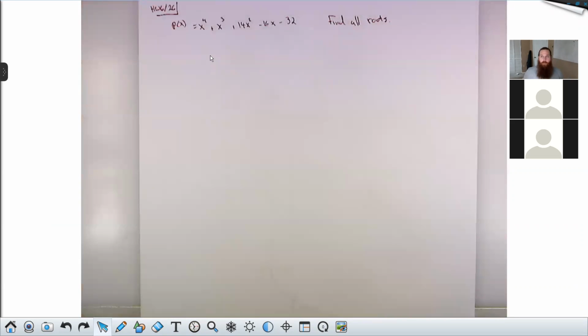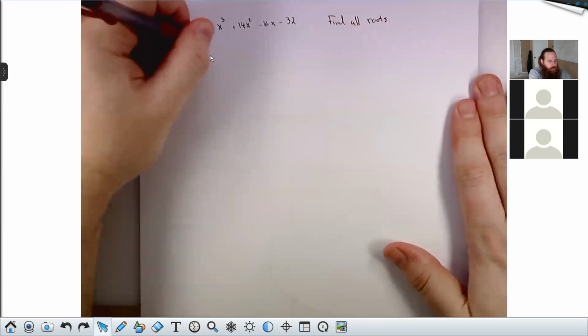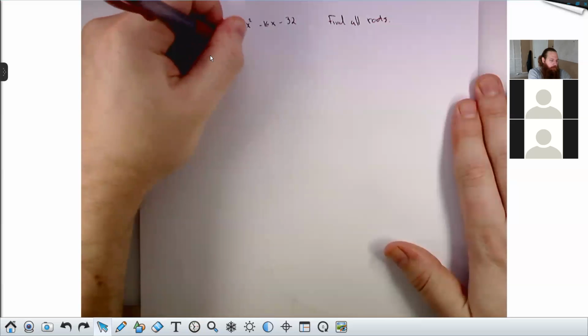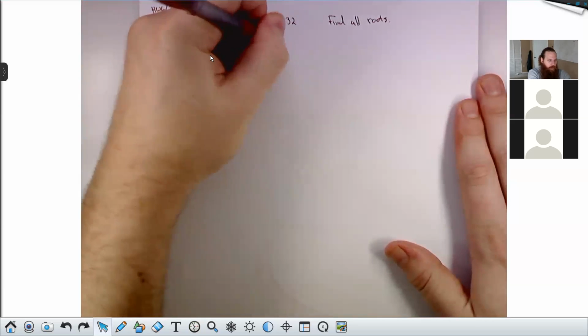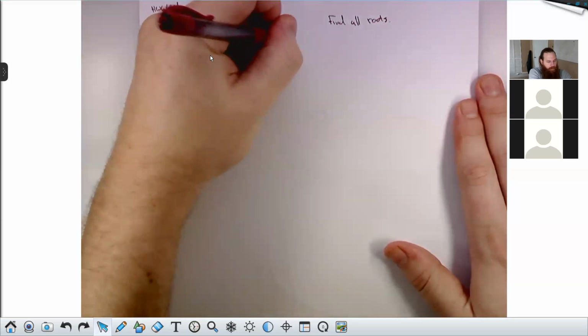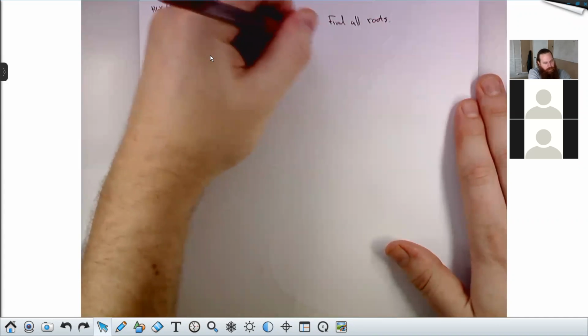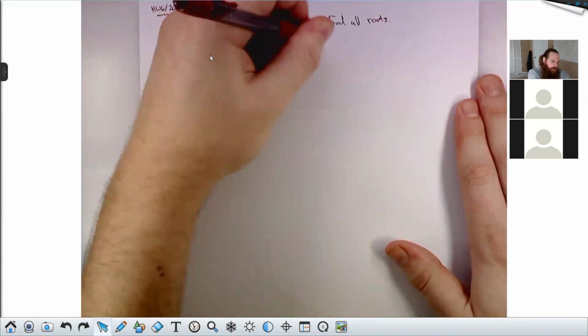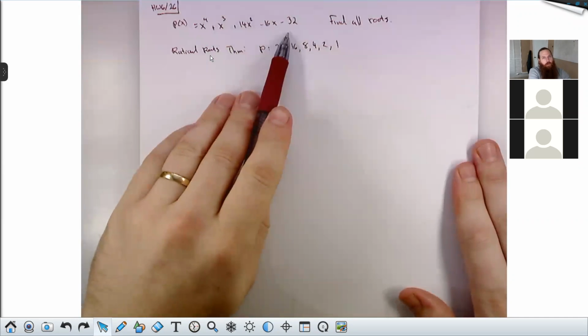So here I'm going to need to do some division. Synthetic division is the fast way. I employ the rational roots theorem. Here are my p's. Divisors of 32 are 32 itself, 16, let's see, 8, 4, 2, and 1. Those are all the divisors of 32.